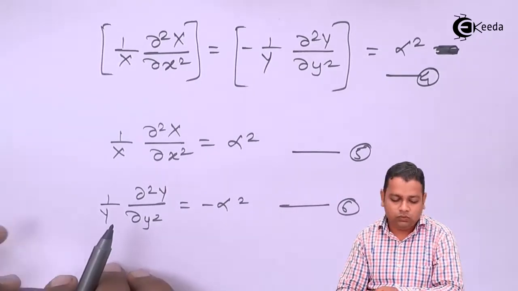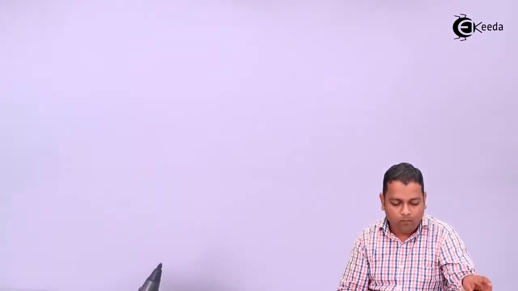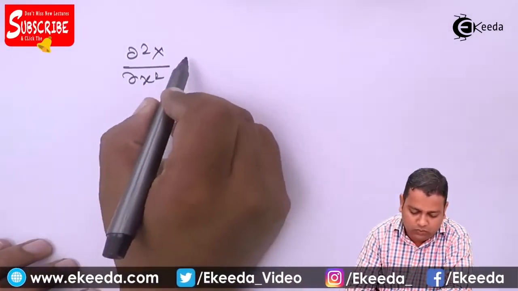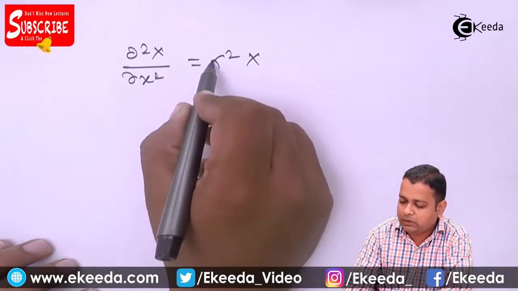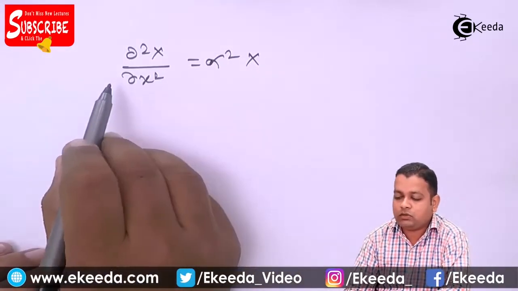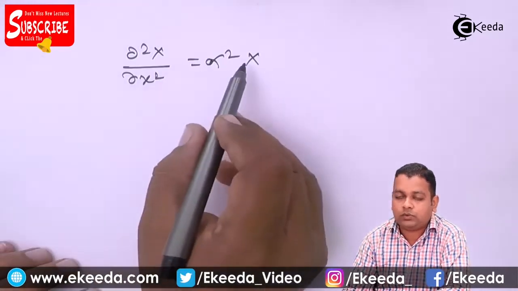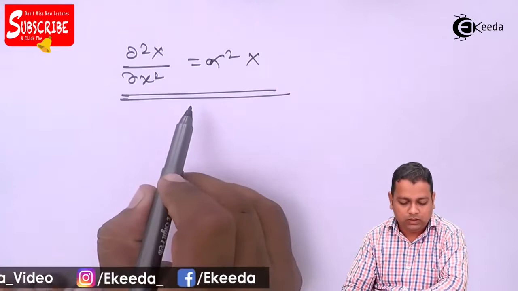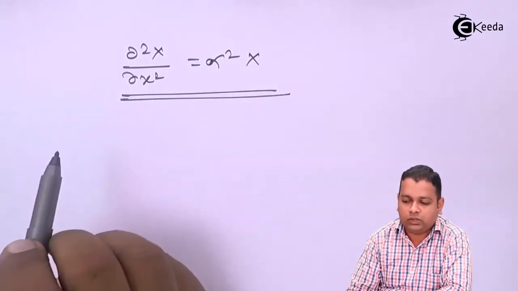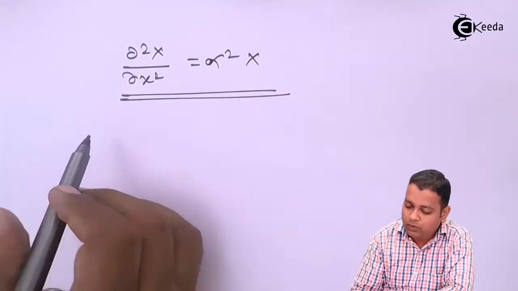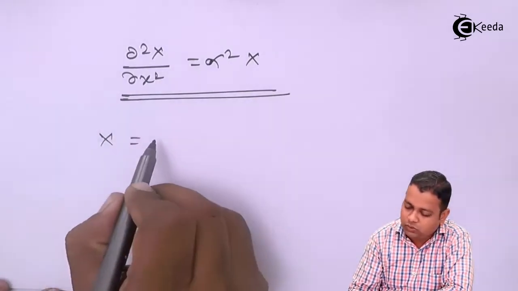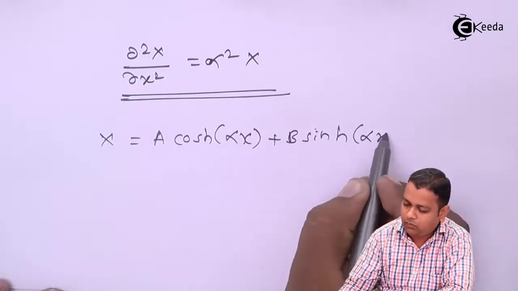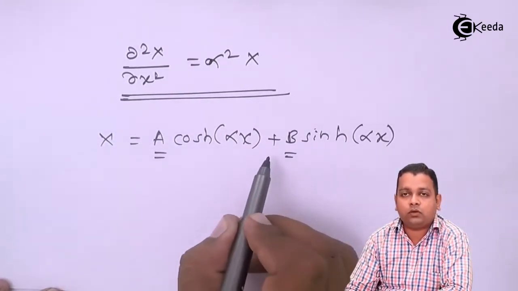From equation number 5 we can write del 2 capital X upon del x square will be equal to alpha square capital X. Capital X from the left hand side, which was in the denominator, we have shifted to the right hand side. So getting this form of equation, we can find the standard solution. The standard solution in hyperbolic form will be capital X is equal to A cosh alpha x plus B sinh alpha x, where capital A and capital B are the constants.